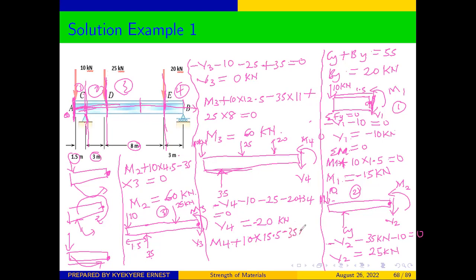So 35 times the distance from the 35 to where we are taking our moment, point B. And that is 3 plus 8 plus 3, which will give us 14. Minus 25 times the distance to where we are taking the moment. So the distance will be 8 plus 3, which is 11. And because that 25 is going to produce an anti-clockwise motion, it should be plus 25 times 11.